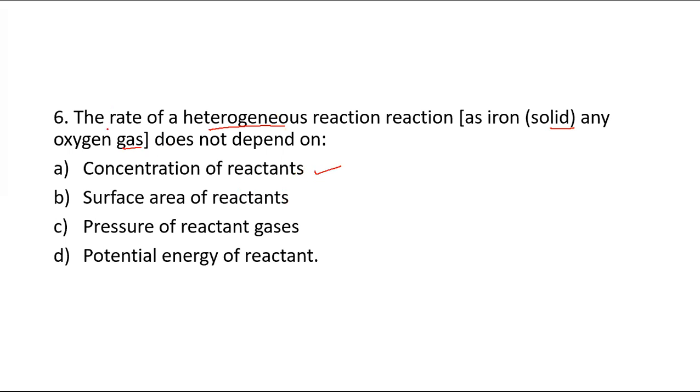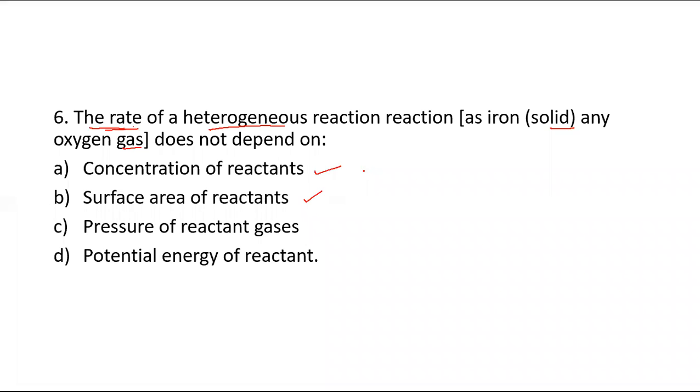Concentration of the reactant, see particularly you have to observe here the rate of a heterogeneous reaction. I told you what the rate of a reaction depends on. Does it depend on concentration? Yes. Does it depend on the surface area of the reactants? Yes. As the concentration of the reactant increases, the rate of the reaction also increases. It is directly proportional.